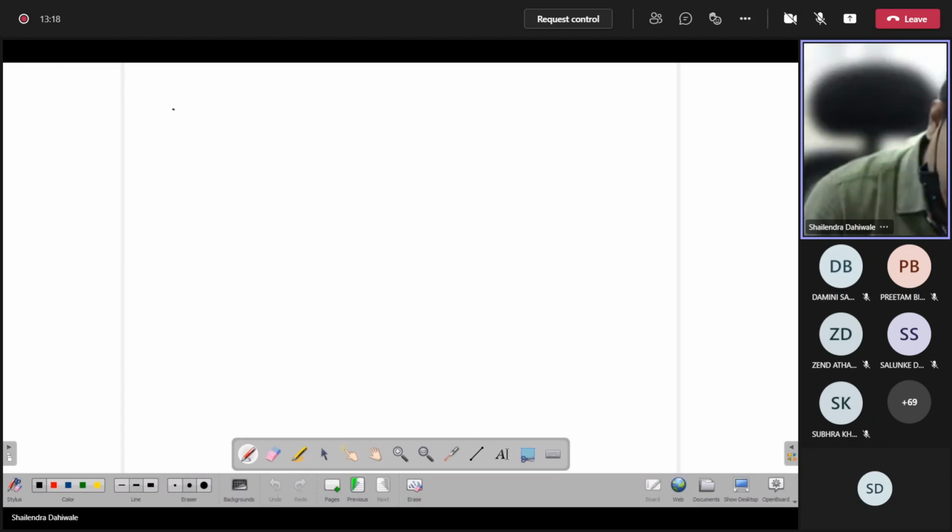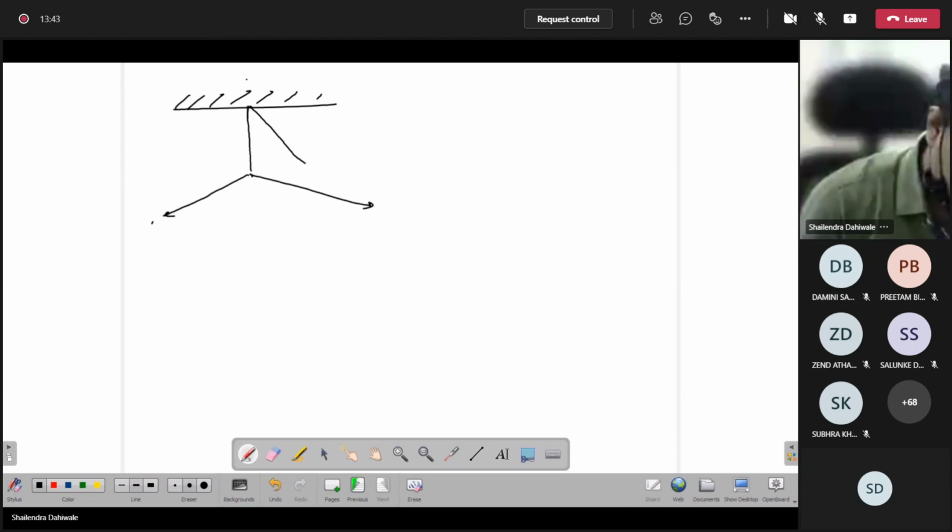So what I did was I changed my origin to the top, where the rod or the wire is attached. I fixed my origin somewhere here. To make it more clear, so this is x.